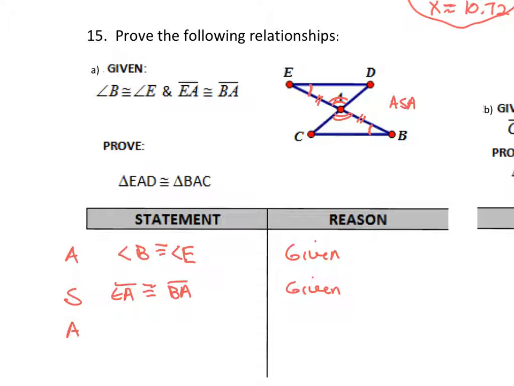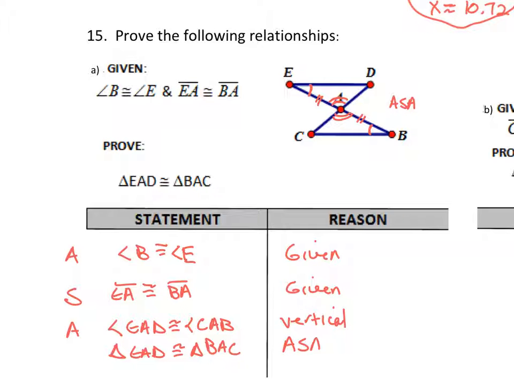And the pair of angles is going to be angle, I need 3 letters for this busy region in the middle of the diagram, so angle EAD is congruent to angle CAB because they're vertical. And therefore the triangles are congruent. So triangle EAD is congruent to triangle BAC by angle, side, angle.